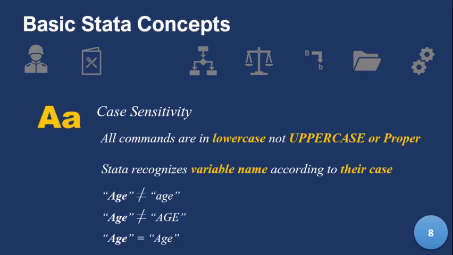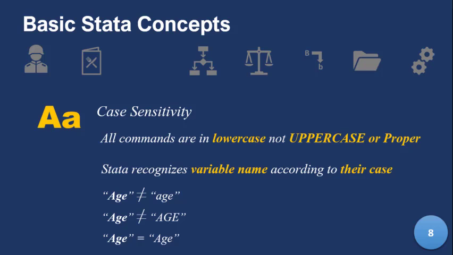But the bottom line is that when the data has a variable called Age in proper case, Stata does not see it as age in lowercase. So age with the capital letter is different from age with the small letters, and Age in proper case is different from AGE in capital letters. We'll do all this in practicals, but please remember this when we go into the practical session.